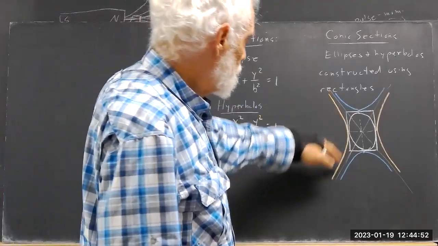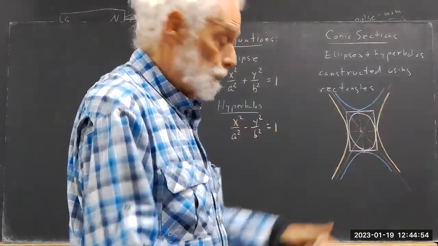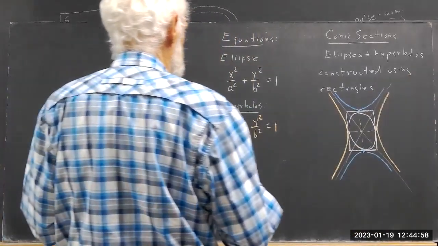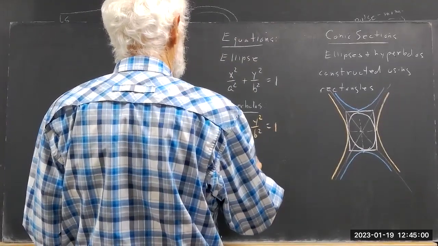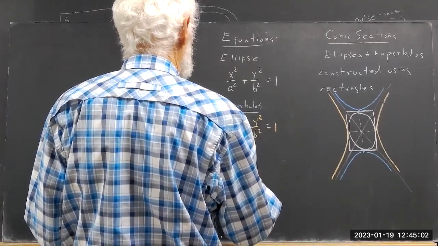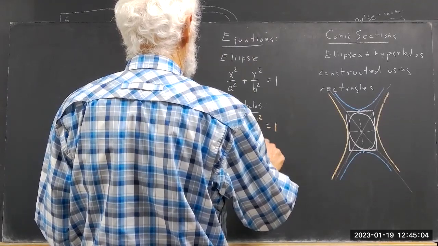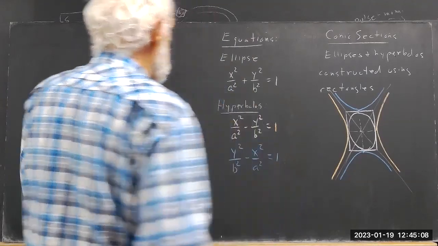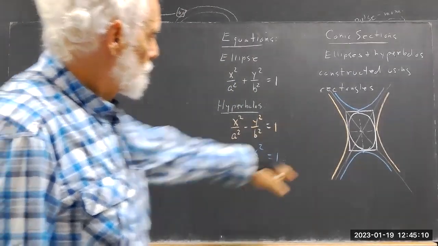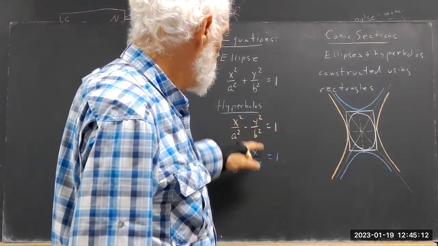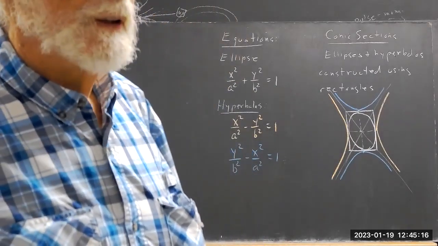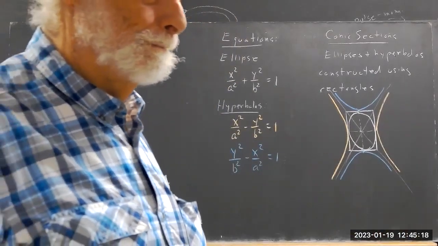And that's going to turn out to open horizontally. One that opens vertically is y squared over b squared minus x squared over a squared equals 1, provided the center is at the origin.